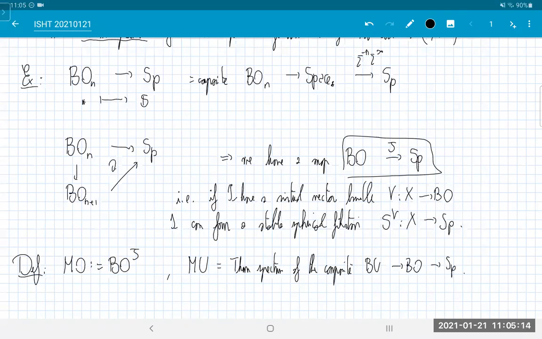So I promised you last time that I would define such a spectrum, and now I did. And in fact, if you think about it, this is the universal Thom spectrum for a virtual complex vector bundle instead of a virtual real vector bundle, since virtual complex vector bundles are the same thing as maps into BU.